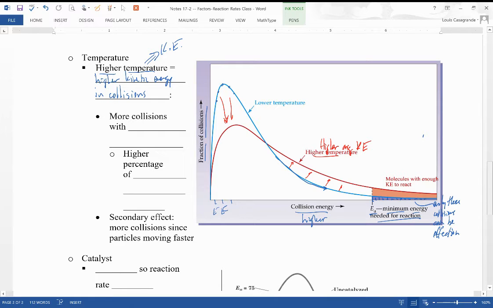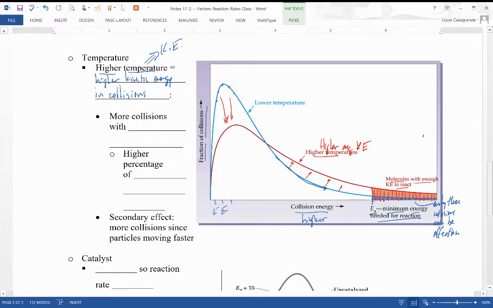And because of that, now once we get out past the activation energy, we have all these extra collisions. It's really the area under the curve that we're looking at. The area indicates the total number of collisions in here. So we now have more molecules with enough kinetic energy to react.